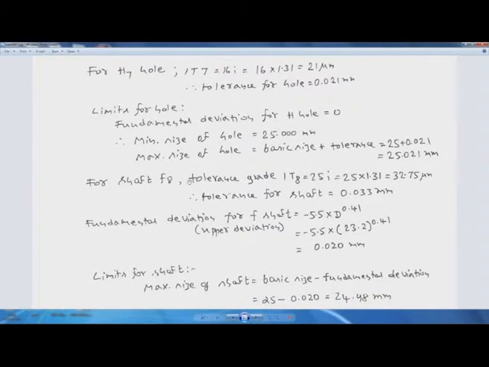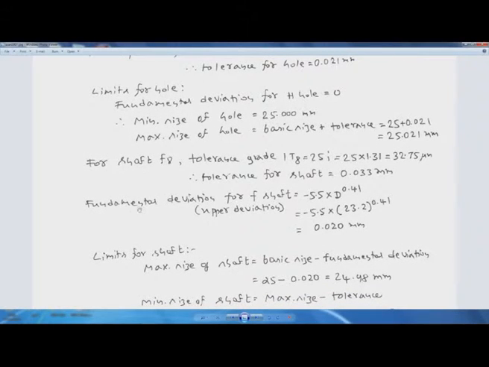Now moving to the shaft, for the F8 shaft, the tolerance grade is IT8, which is equal to 25I. So this will give us a tolerance for the shaft of 0.033 millimeter, and the fundamental deviation for the F shaft is equal to minus 5.5 times d to the power of 0.41.